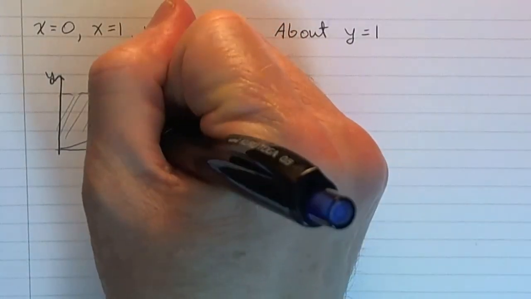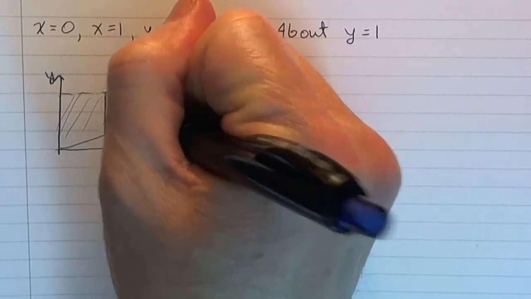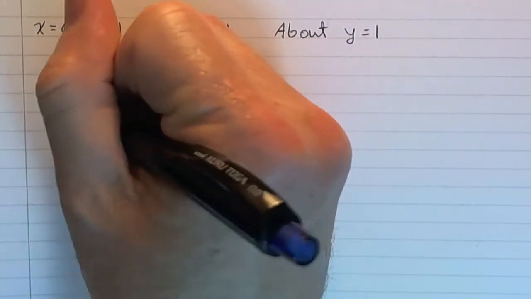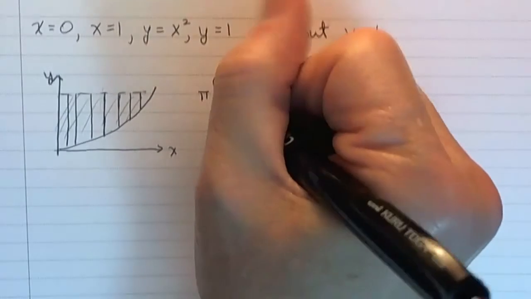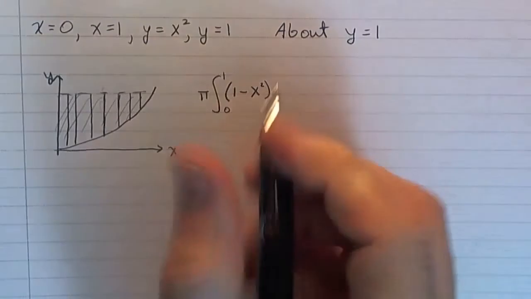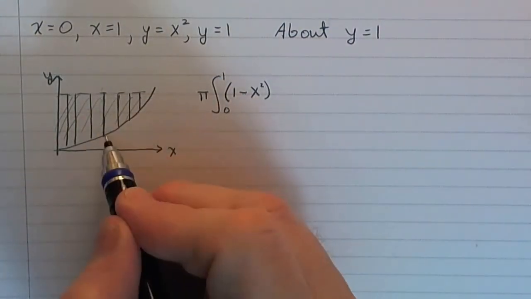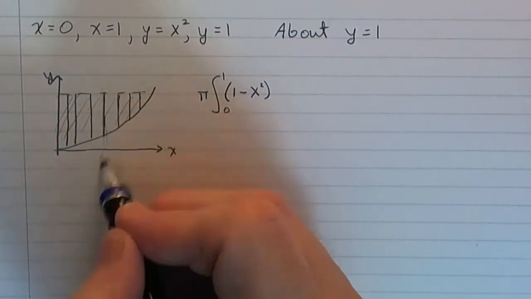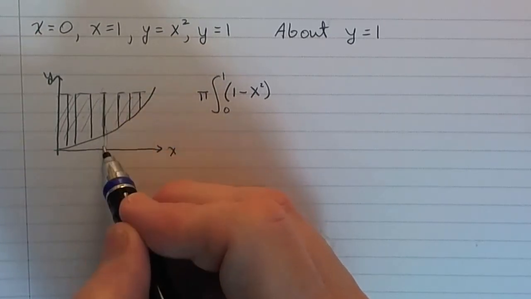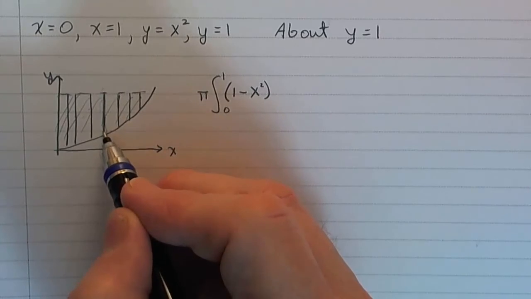Every time we rotate a disk around, we're looking at all the radii right here. Look, what these have in common is it's 1 minus x squared. That's the radius of each one of these. 1 is this whole thing. 1 minus x squared is this. There's 1 minus x squared, and you get that.